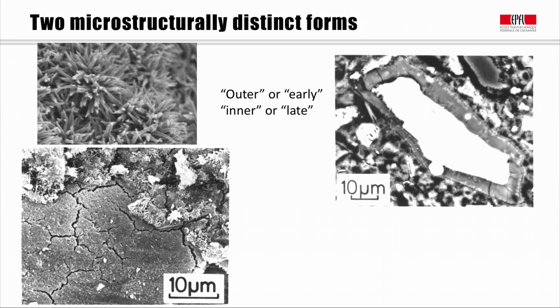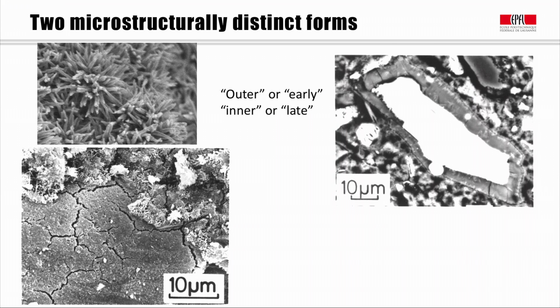And then we're quite clear that at later times, we get this much more dense CSH, which we can see in this bottom micrograph on the left. We can see this is the outer CSH here, and underneath it's this more dense CSH.